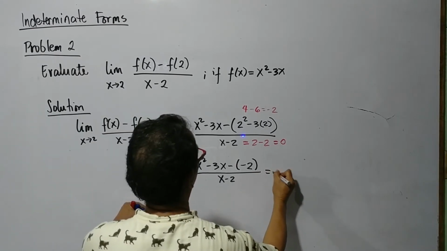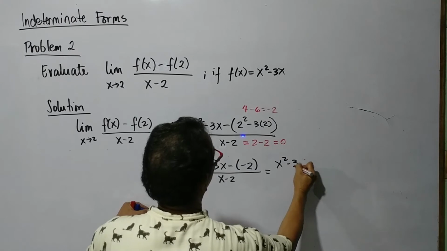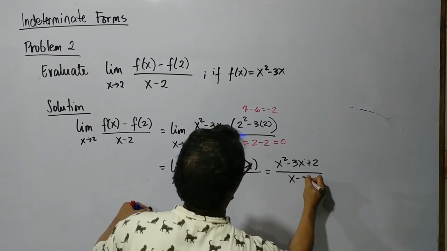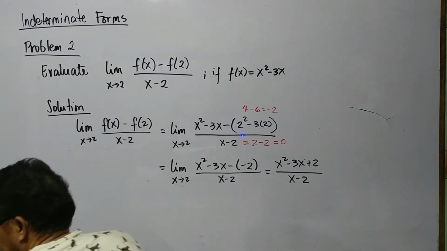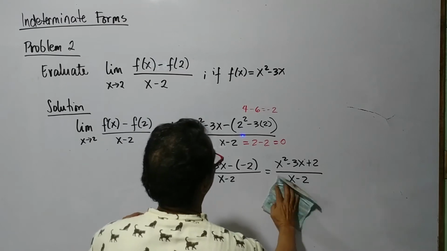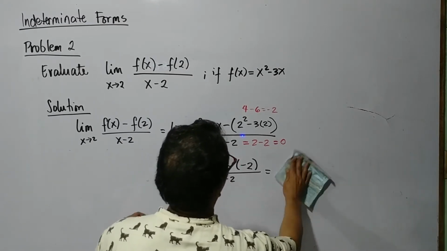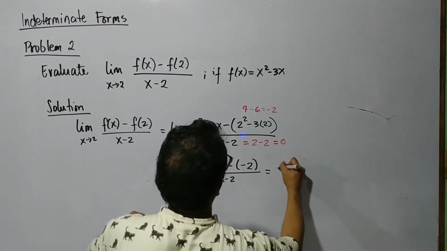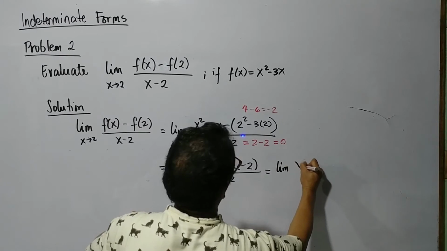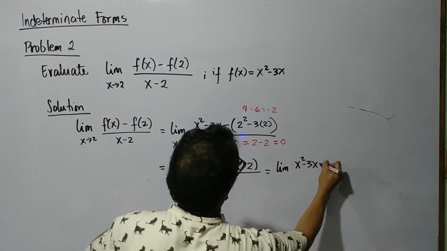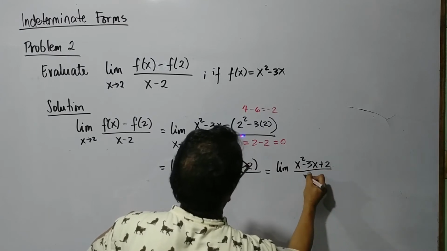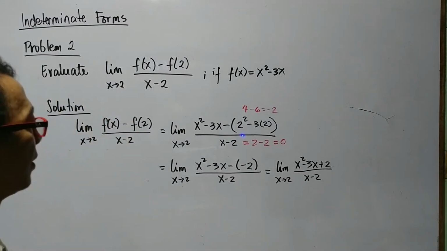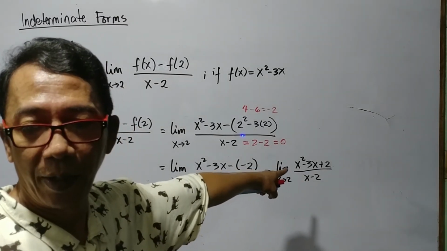So we have now x squared minus 3x plus 2. So you have now a quadratic equation. Okay?